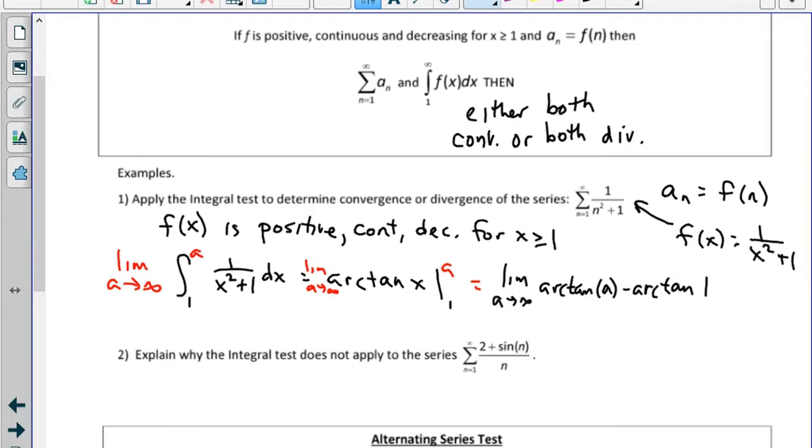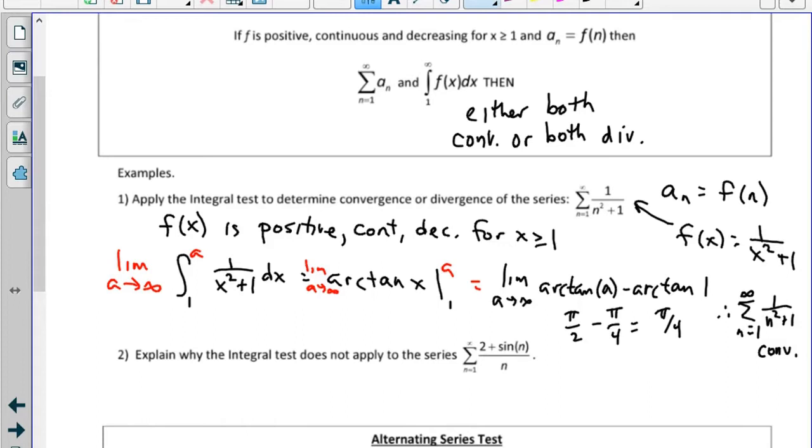Arctangent of infinity is pi over 2, and arctangent of 1 is pi over 4. So this is pi over 4, which is a number, so that means the integral converges. Therefore, the sum from n equals 1 to infinity of 1 over n squared plus 1 converges.